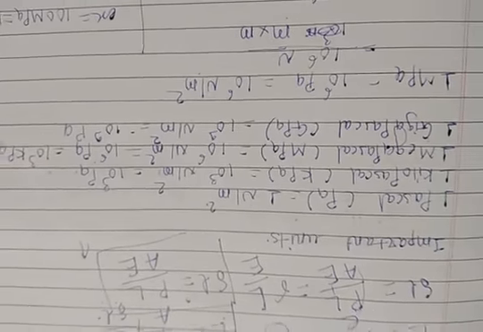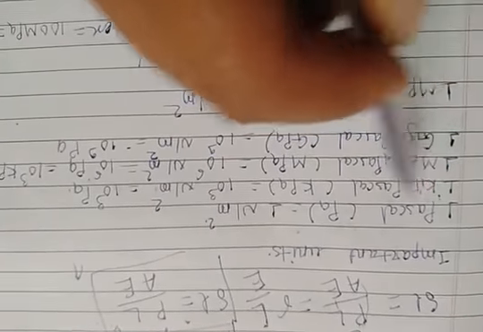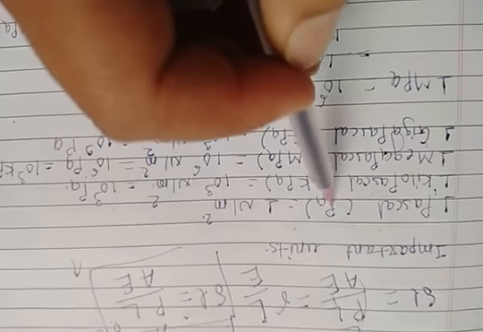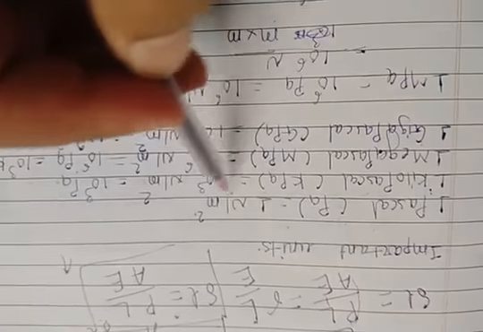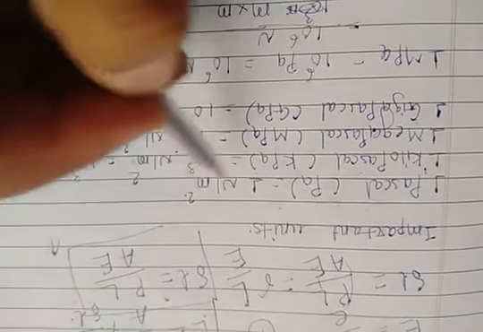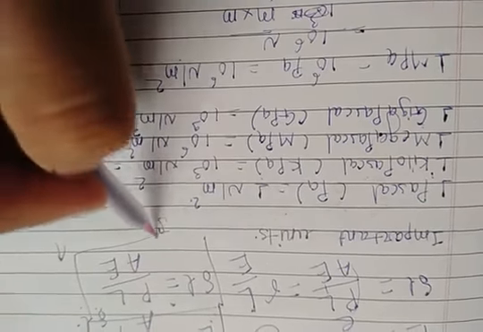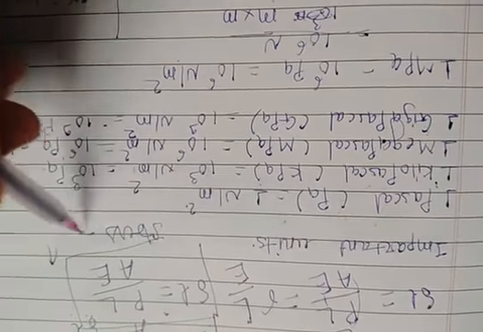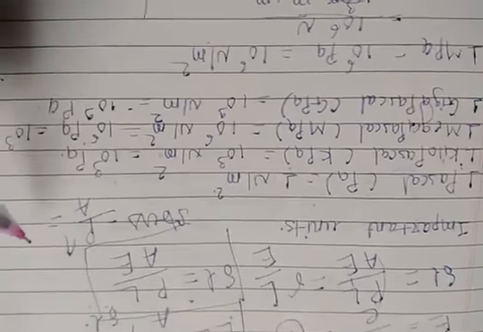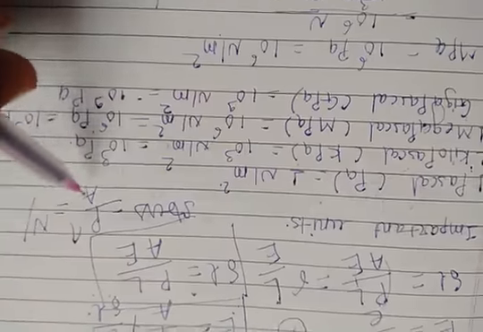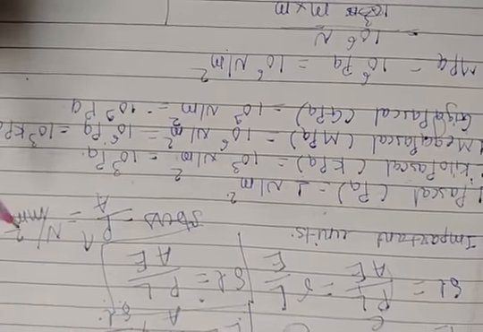Some important units are given here. We are using one unit, Pascal, which is denoted by Pa. So 1 Pascal is equal to 1 Newton per meter square. Remember, these are the units for stress. Stress we know is load upon area, so the unit for load we take as Newton, and area is taken as mm square.